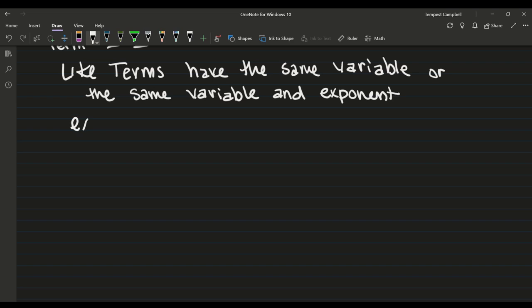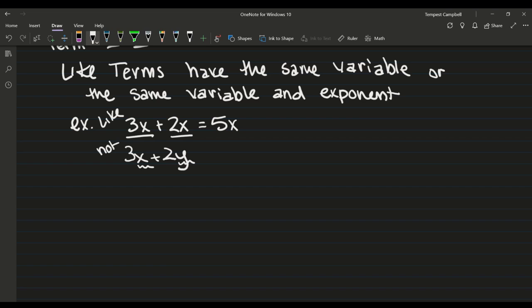So the idea of like terms. If we had 3x plus 2x, we know these are like terms. They have the same variable. They both have x. So we can add them and get 5x. If we had 3x plus 2y, they're different variables. We cannot add them together because they have different variables. So those are not like terms. So like terms, not like terms.